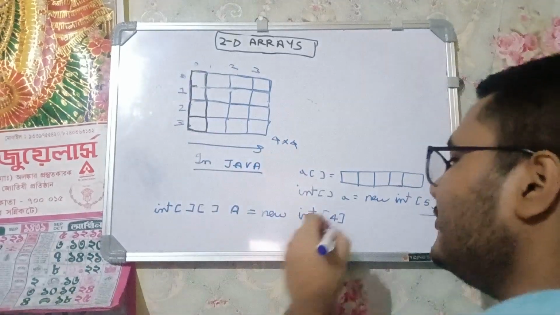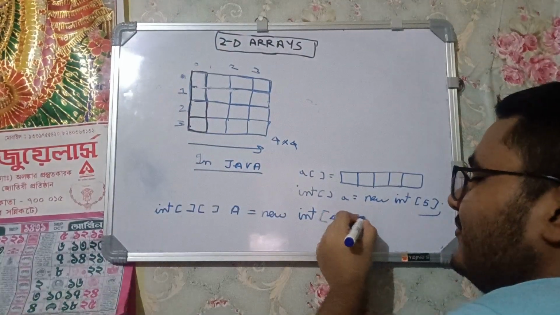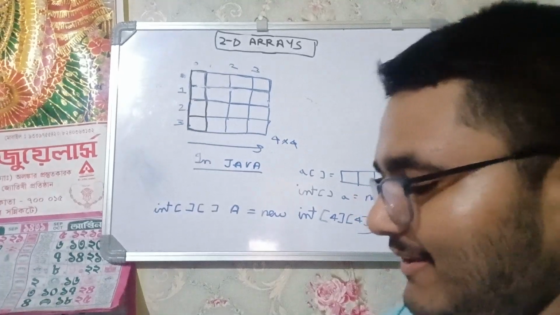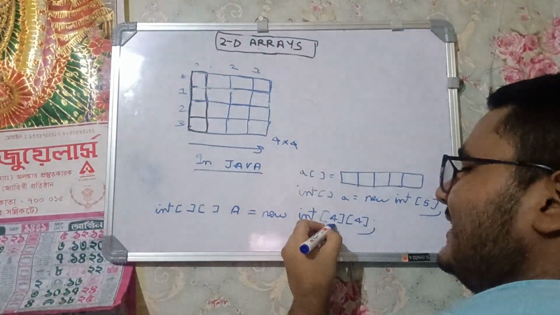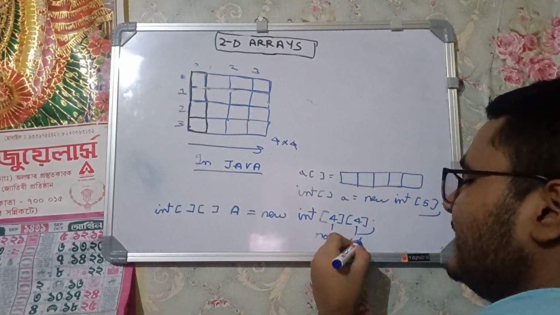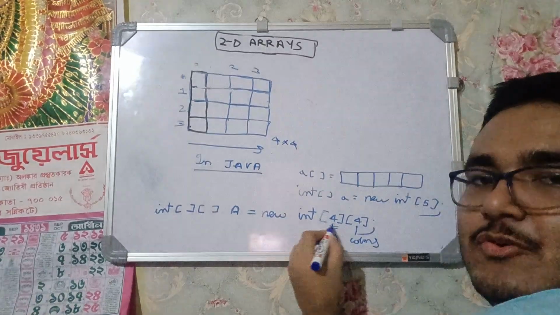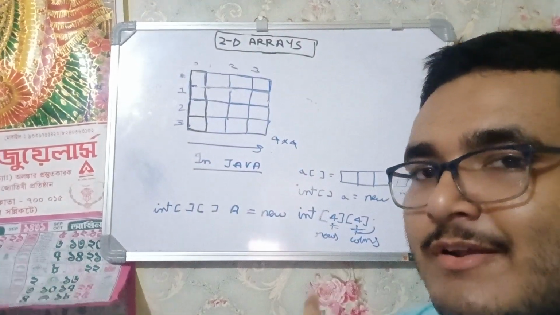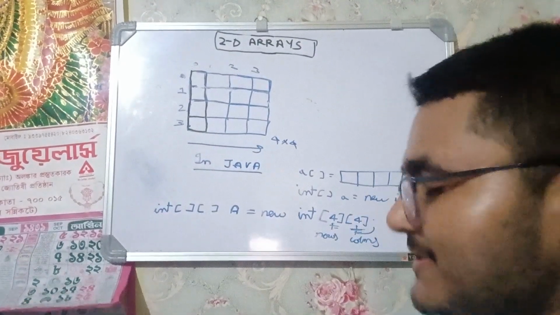Here, so 4. That is why here 4. Got my point? See, in short you can write, here we write the number of rows and the number of columns, right? The size of rows, how many rows it is going to contain and how many columns it is going to contain, right? So this is how we represent a 2D array.